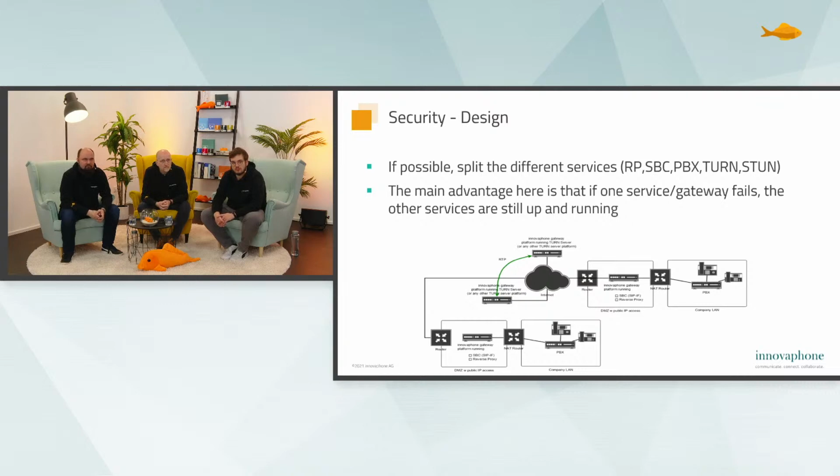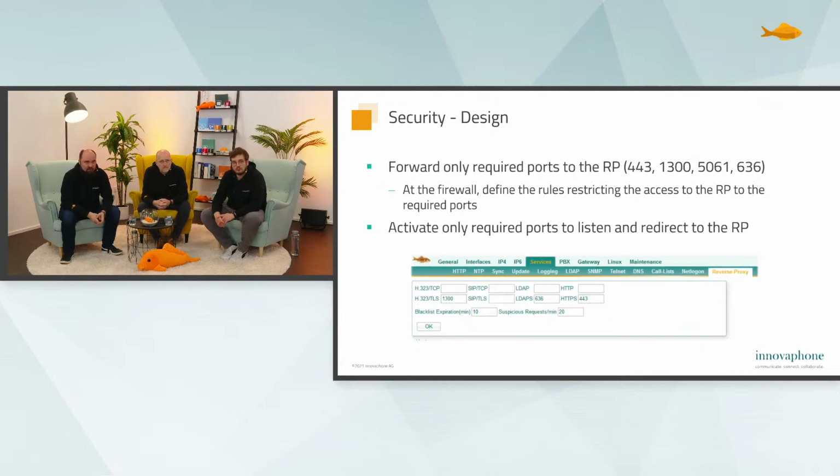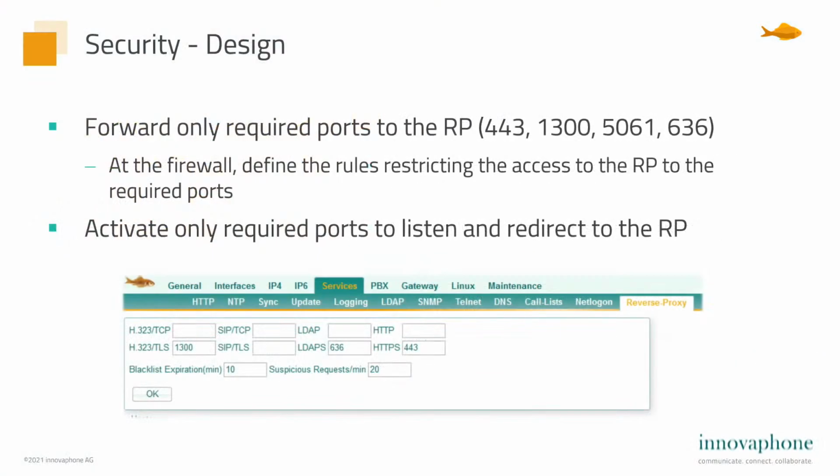Okay, what's important? What do we have to do from outside to inside? Well, if you want to work secure, you don't want to have the standard ports open like HTTP port 80. You want to restrict that to port 443, which is HTTPS. The same for H323, where you normally use port 1720.